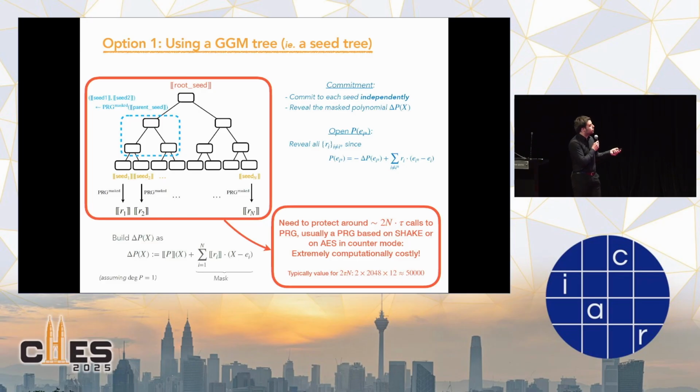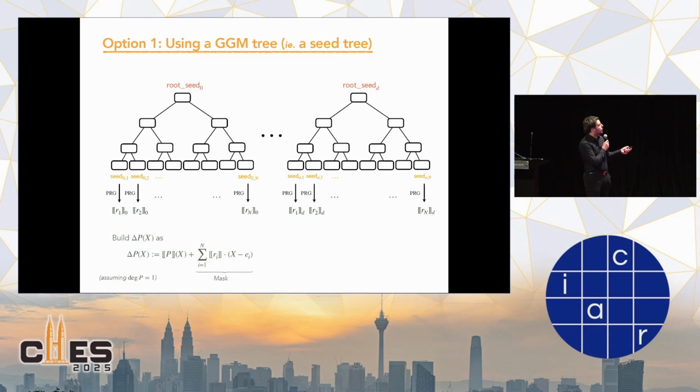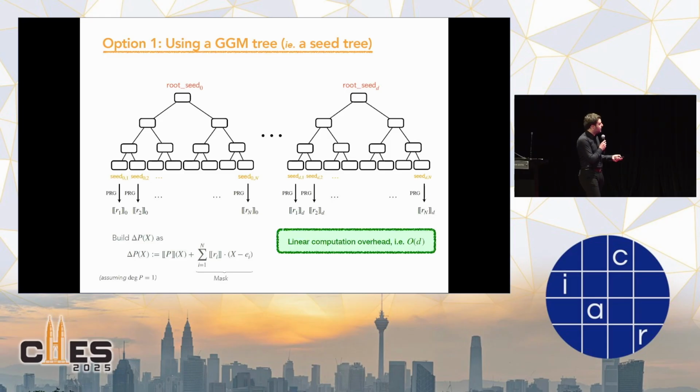We observe that this tree is used to generate some sharing at this point. So instead of using one tree to generate those sharings, we can simply use one tree per share. The first tree will generate the first share, the second will generate the second share, etc. And the rest will behave exactly as before. By doing this, we don't need to mask the PRG anymore, because if D seeds leak for some reason, there will still be one tree without any leakage, and this tree will guarantee the privacy.